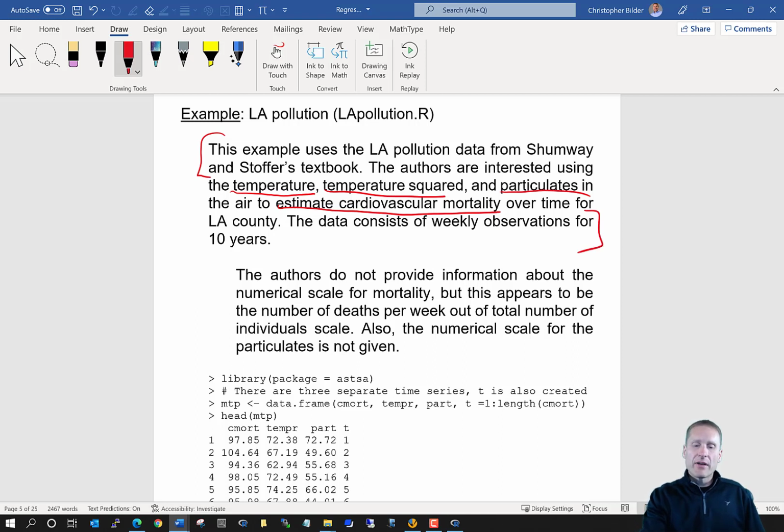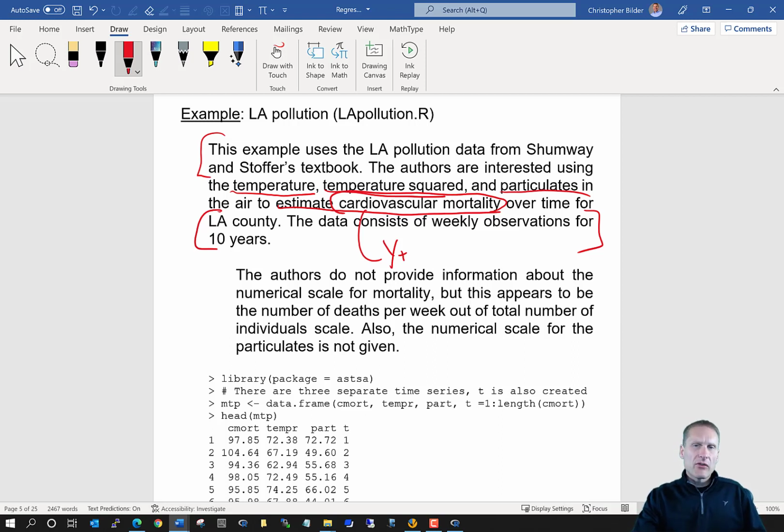And what we have here are weekly observations for 10 years. Now, the authors do not provide as much information about this data as I wish they would. So they don't say, well, how do I get this y sub t for cardiovascular mortality?